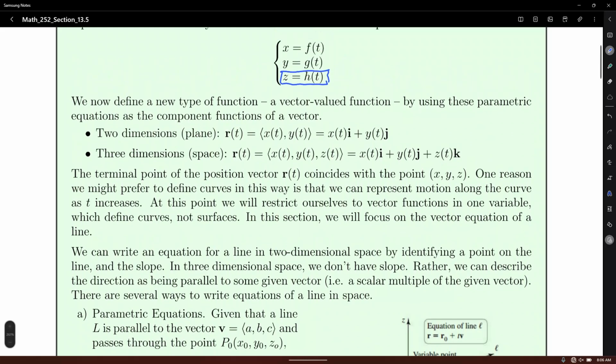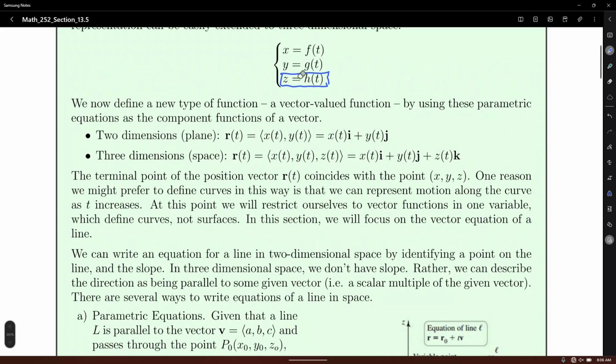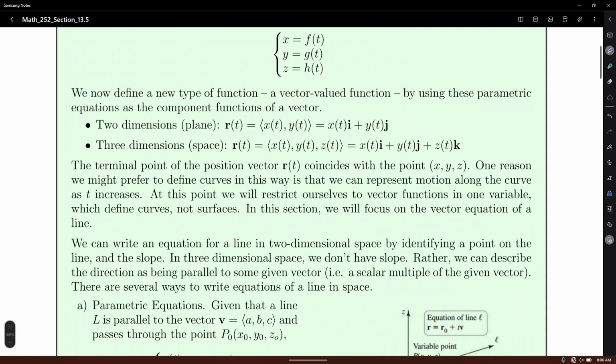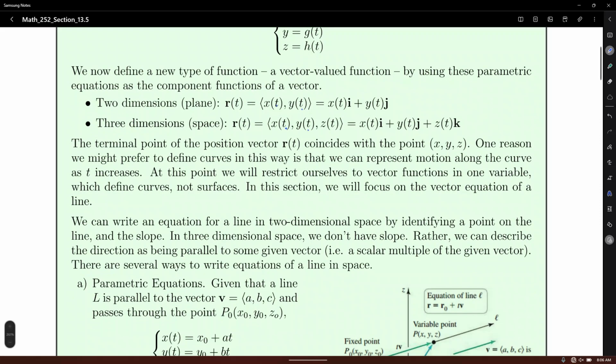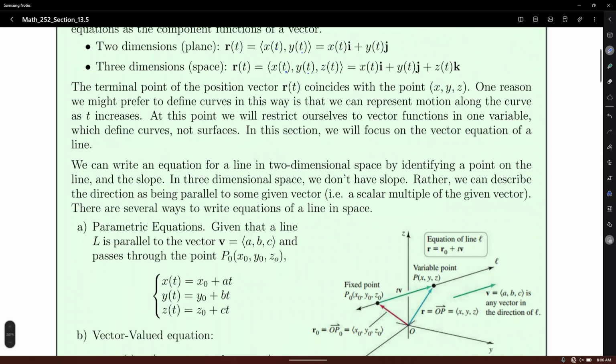Essentially we're going to go from a set of parametric equations to vector valued functions. So this x of t, y of t in the plane, becomes x of t, y of t, z of t, or in the ijk representation. And we will be working on both notations, by the way.